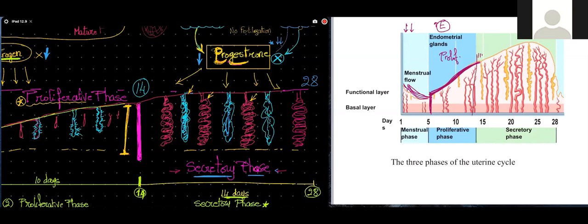Proliferative phase is going to be followed by an increase in the glandular secretions, and this takes place under the effect of the progesterone, which rises due to the presence of the corpus luteum.